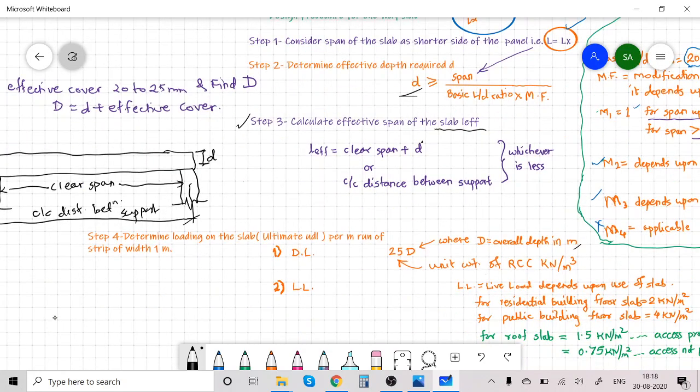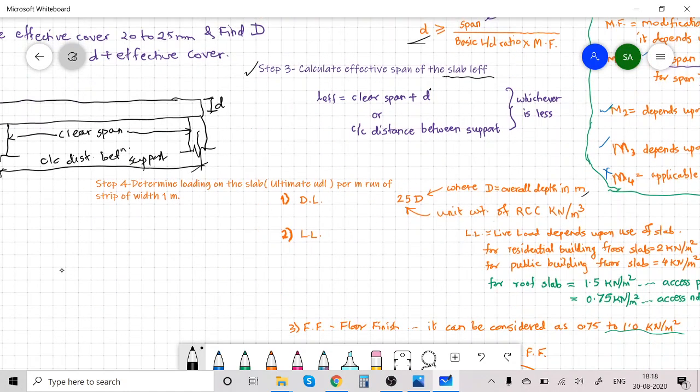After calculation of effective span, the next step, that is step number 4, is calculation of loading on the slab. So we will determine loading on the slab, that is ultimate UDL per meter run of strip of width 1 meter. Always slab is designed for 1 meter width.